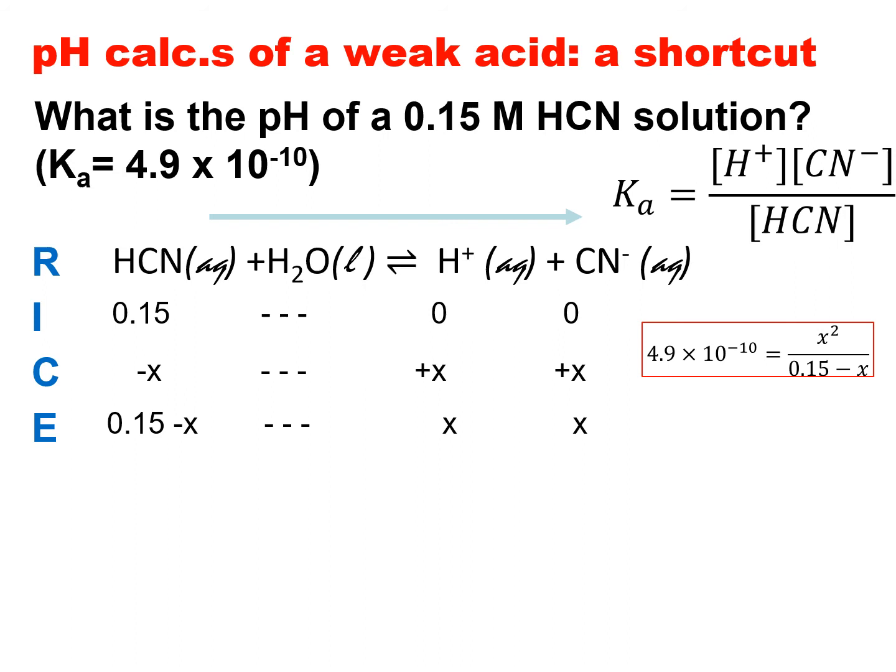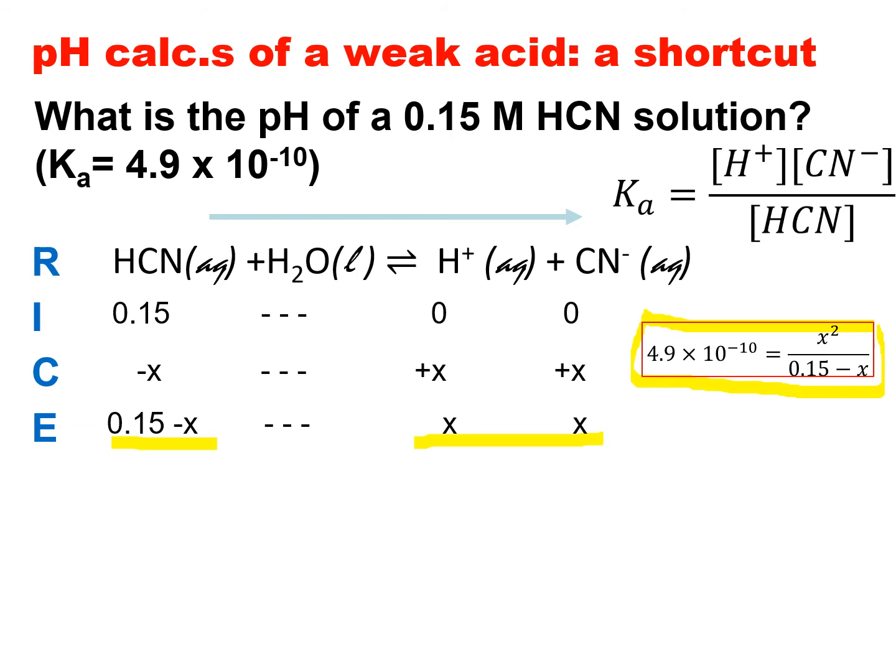So we've seen that to solve this problem, we end up with a second-degree equation that requires the quadratic formula. And I'm trying to find a shortcut that allows me to avoid that and to make the algebraic resolution faster and simpler. So let's have a look here at the formula that comes up after substituting into the formula of the Ka the values that we have calculated for equilibrium.